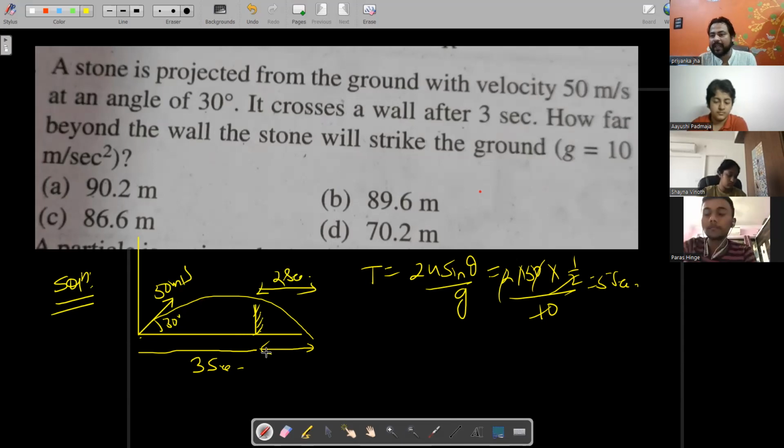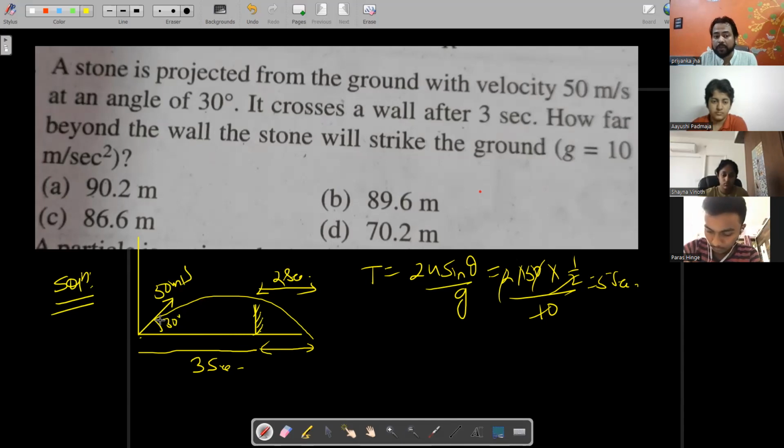As per Galileo, motion along two mutually perpendicular directions is independent of each other, right? So now we have to find this displacement, and we know that in a projectile, if there is no air resistance, no external force, the horizontal component of the velocity always remains constant.